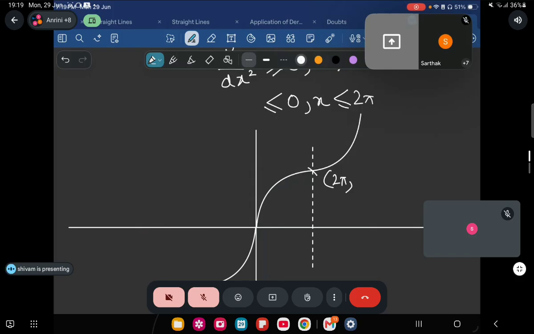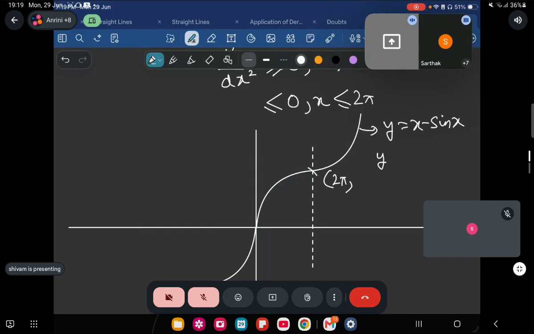Tell me, what graph have I drawn over here? Which graph am I drawing over here? Tell me, Sarthak. x minus sine x, right? Are you there? x minus sine x.